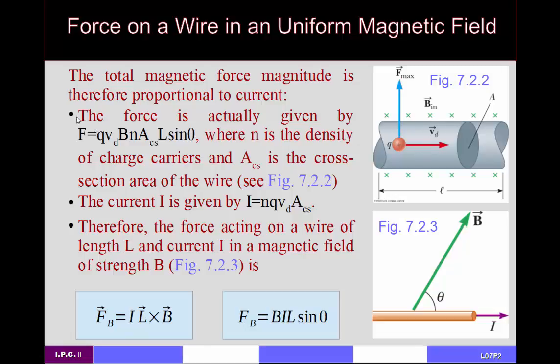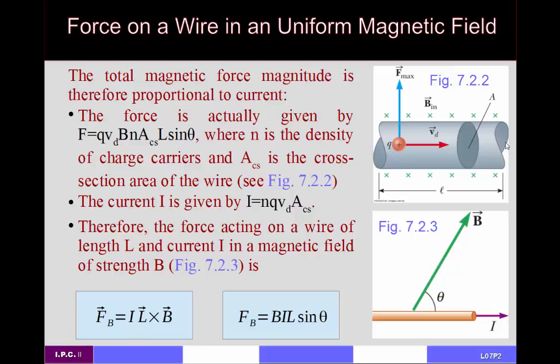So the actual force would be some equation like this: q v_d times nA would be the current. Remember, q is the charge on one carrier, v_d is the drift speed, n is the number of charge carriers per unit volume, and A is the cross-sectional area. And B, of course, is the magnetic field strength.